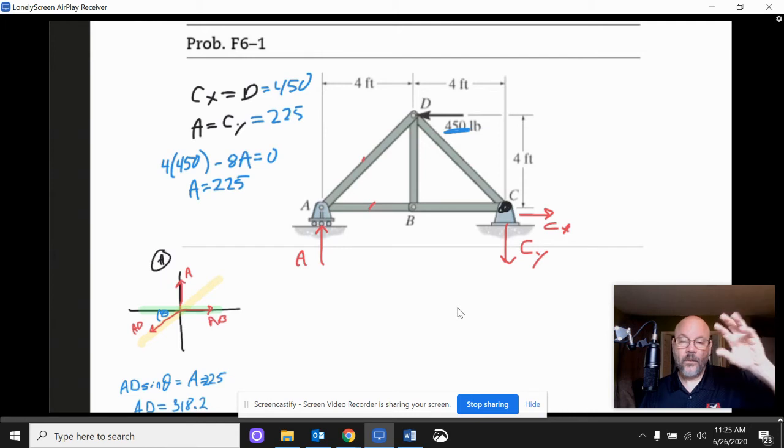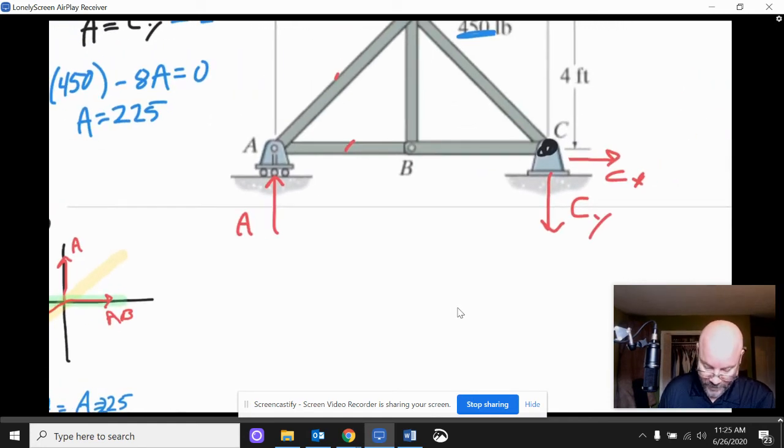We did a free body diagram at A. Now we have to do a free body diagram at B. The strategy here is once we fully understand one joint, move to a nearby joint, so we've got some information to work with. So let's move to B.